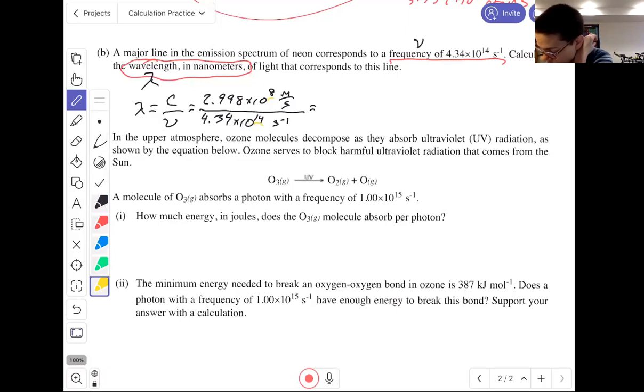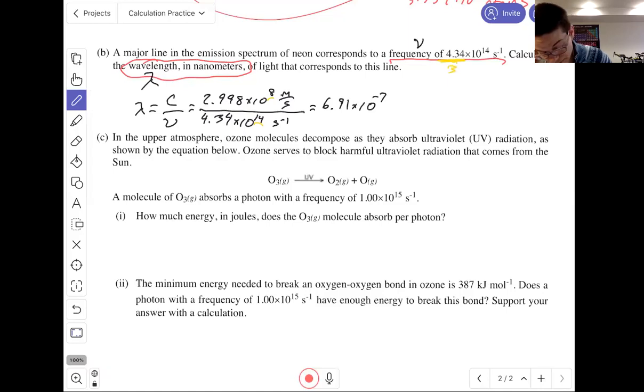How many sig figs should I have? 3, based off of that. So if I do this to 3 sig figs and plug this in, I get 6.91 times 10 to the -7, and that's in meters.